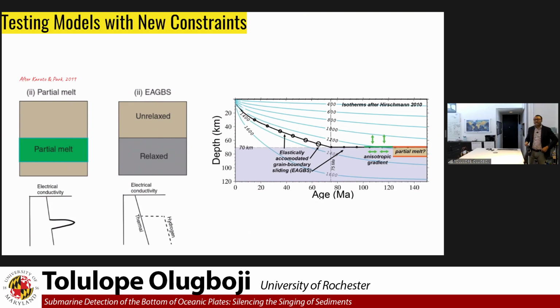I'll point out though that these two models have a very distinct, unique prediction for what the electrical conductivity should look like, right? On the left, I'm showing you the electrical conductivity that will be expected for the partial melt model, and for the elastically accommodated grain boundary sliding model, that might be what you will expect for its electrical conductivity.